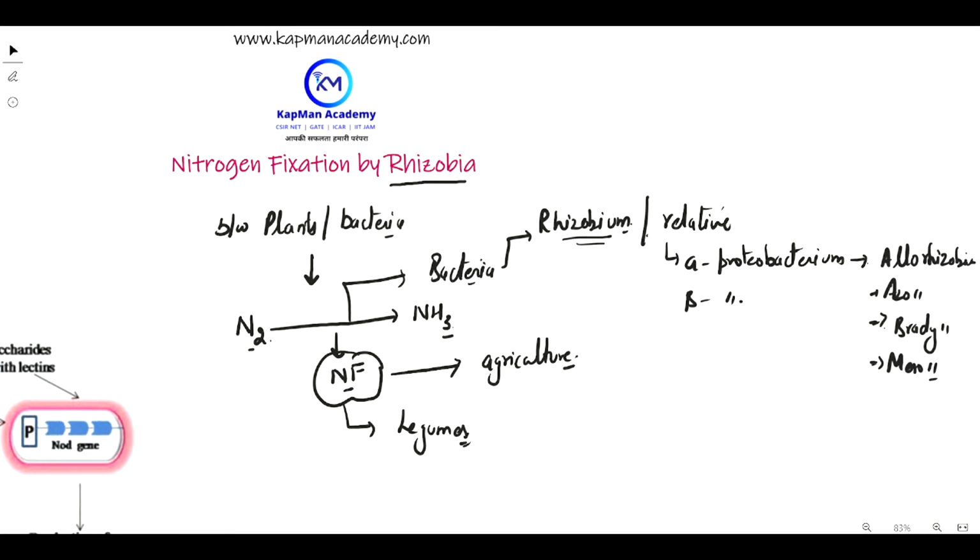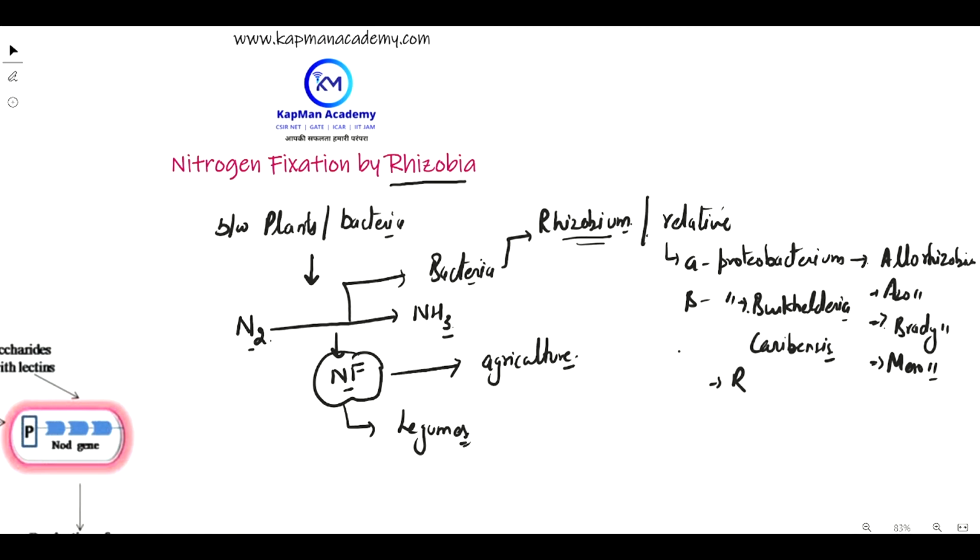If we talk about the beta proteobacteria, the examples are Burkholderia caribensis, which is an example of beta proteobacteria.